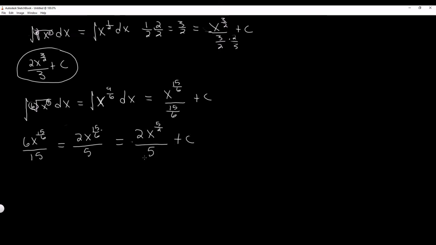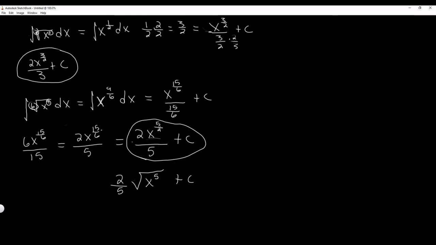And that's going to be the answer. But we can leave it like this and that's totally fine. But we can rewrite x to the 5th as a root, and we can do it just like this. So 2/5 times the square root of x to the 5th plus c.